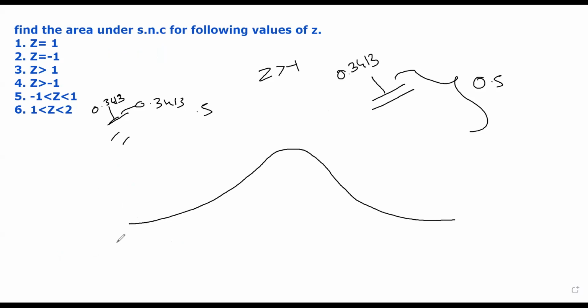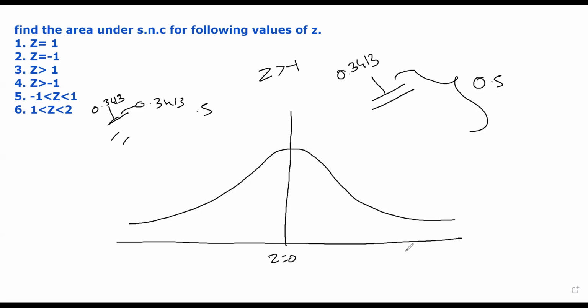This is my Z curve, the standard normal curve, symmetrical over the axis Z equals 0. This is 1, this is 2. I want the area between Z equals 1 and 2.